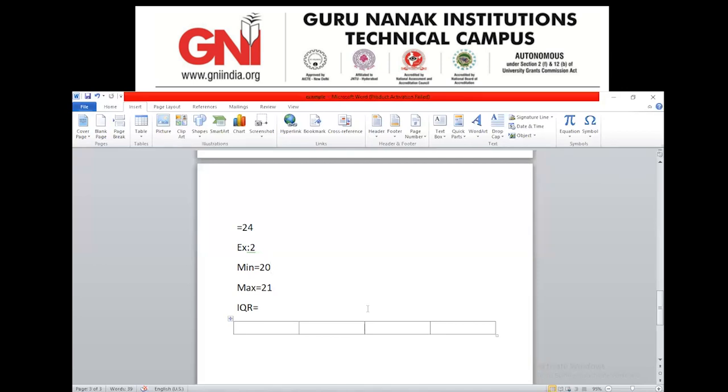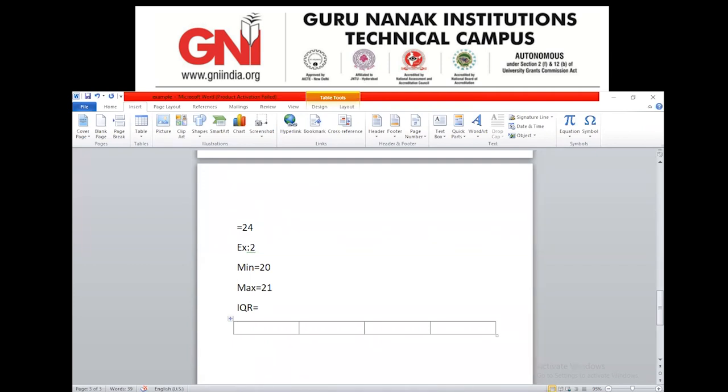Again the left of the middle is median 2. This is called quarter 1, like Q1. The division here is called Q1. And the right of it will be called Q3.